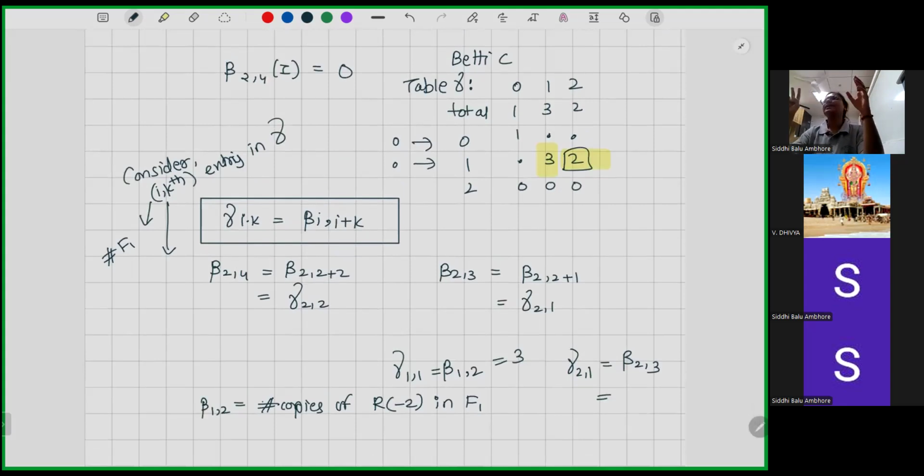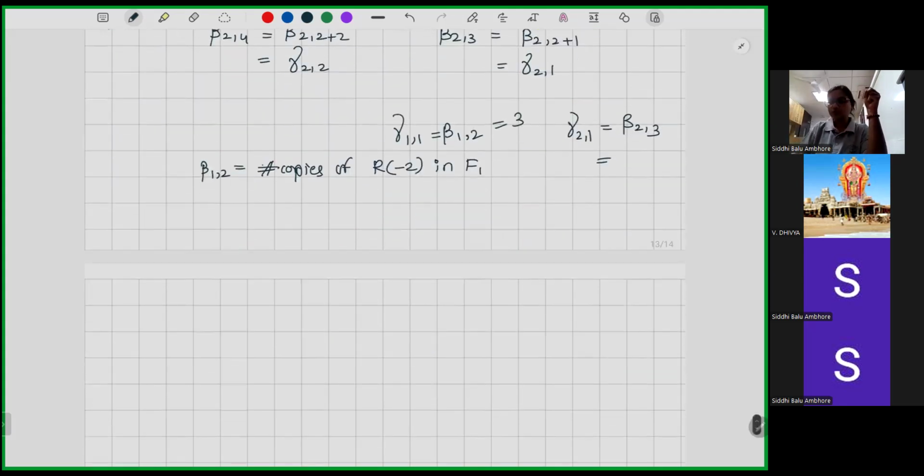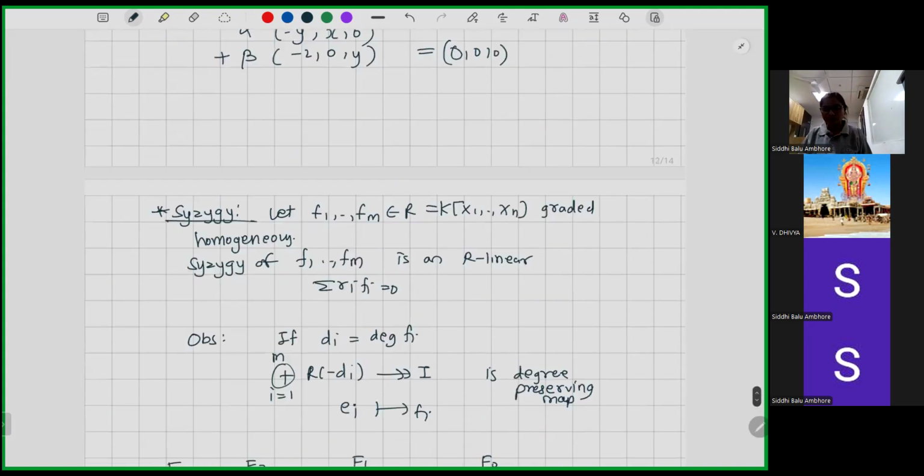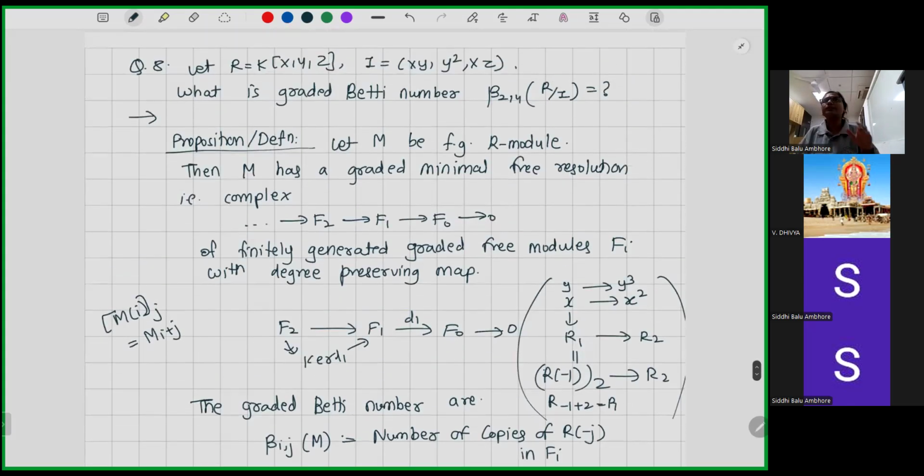When I take i, k, I am actually considering ith column, kth row, and so on. So which is 2 here. So gamma is just a name, just to locate the entry in this Betti table. So I hope this is clear now, the Betti numbers and how it is calculated.